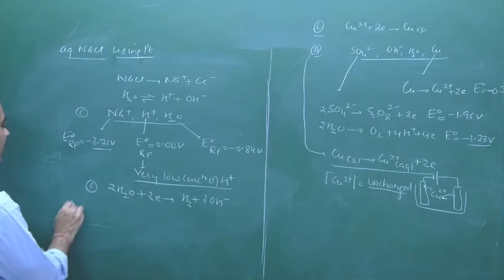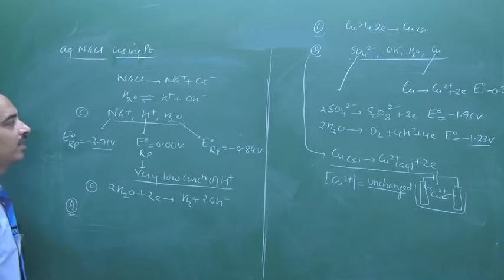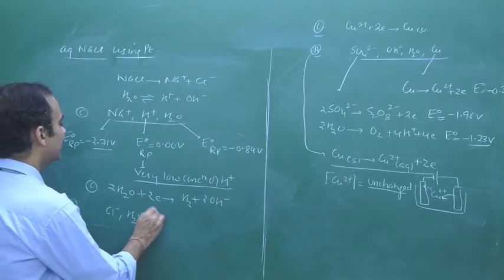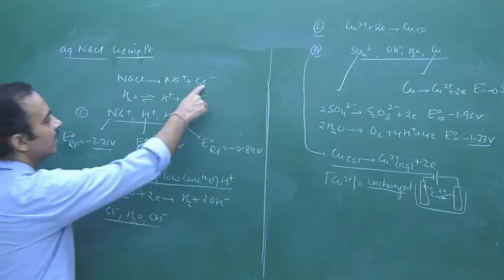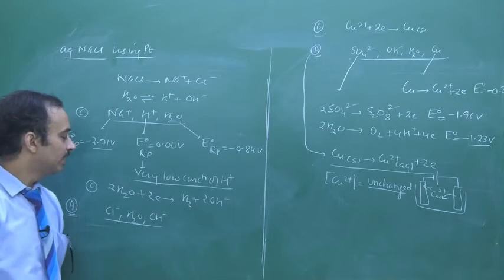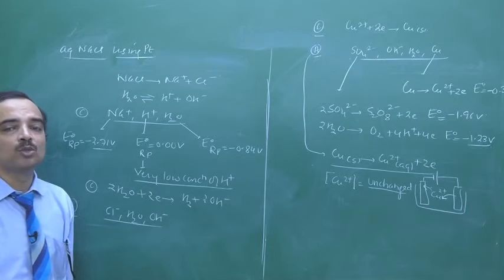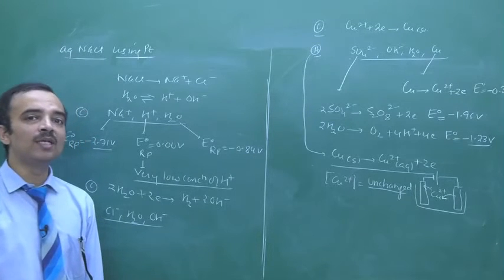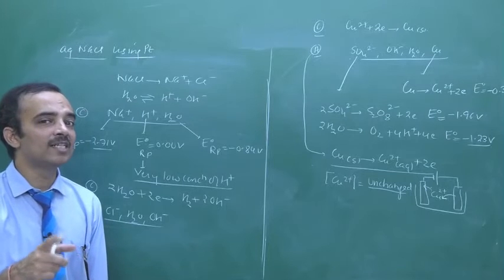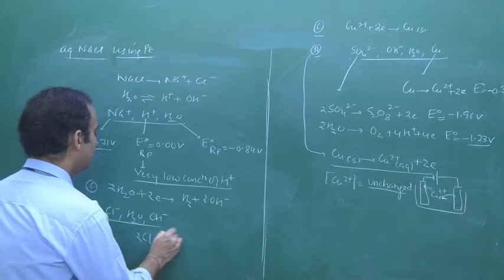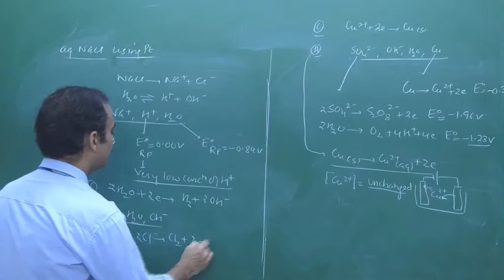Now let us see the anode. At the anode we have a competition between these three: Cl minus, OH minus, and water. In this competition H2O is supposed to get oxidized preferentially, but instead of H2O it is Cl minus that gets oxidized preferentially.